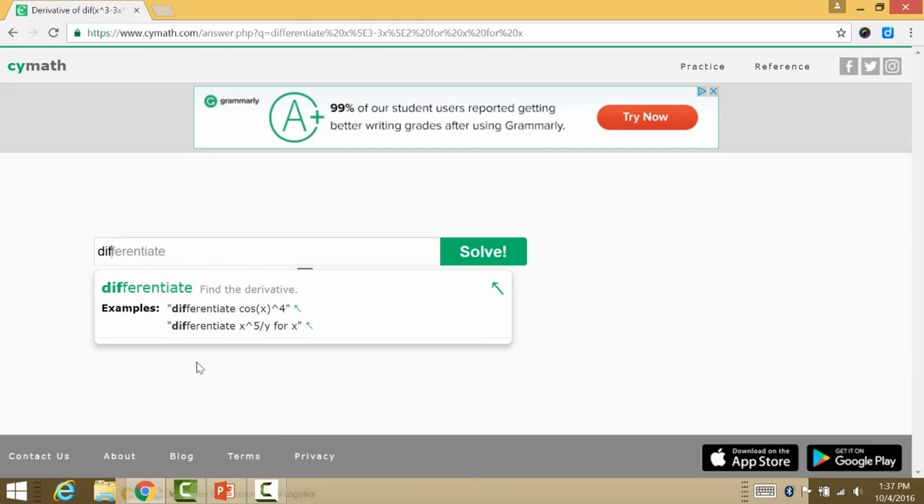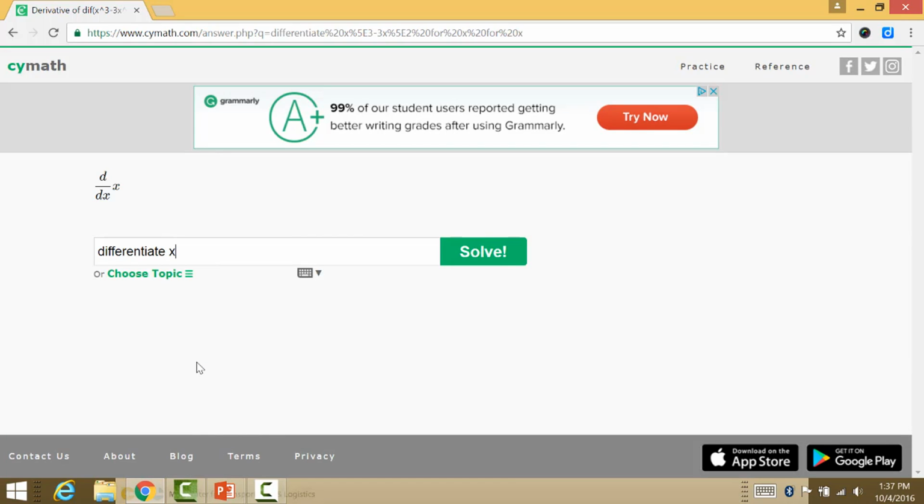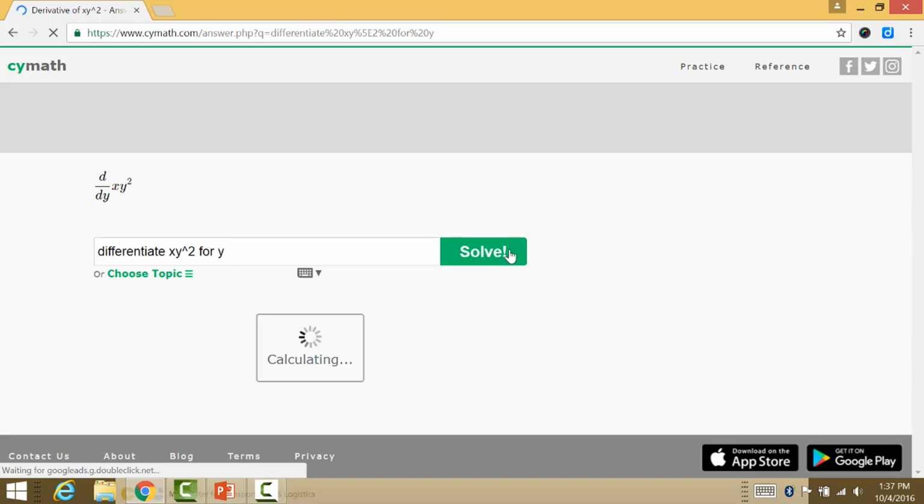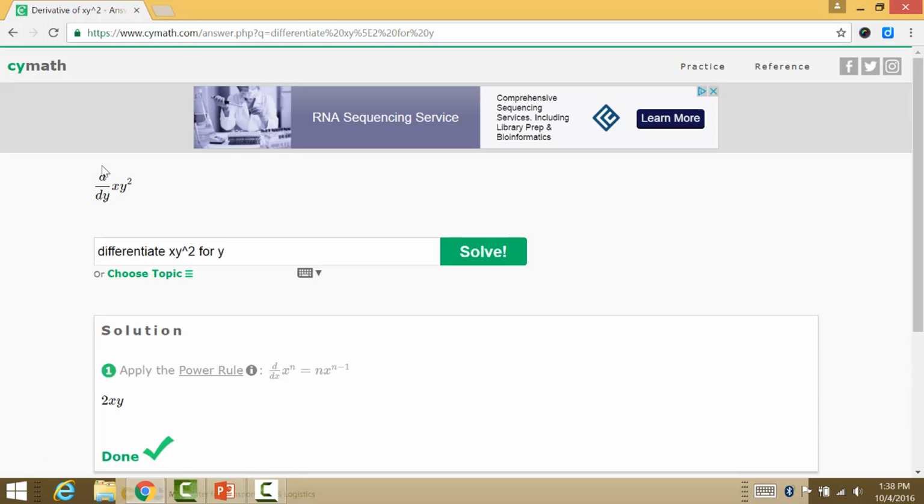So we'll type differentiate x times y squared for y. In doing this, SciMath calculates the derivative with respect to y in this partial derivative. So it does this while holding x constant. The solution is then 2xy.